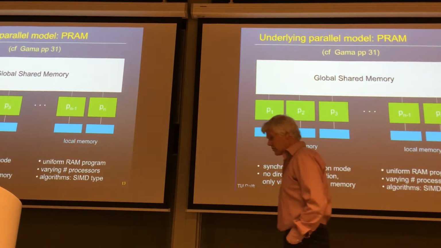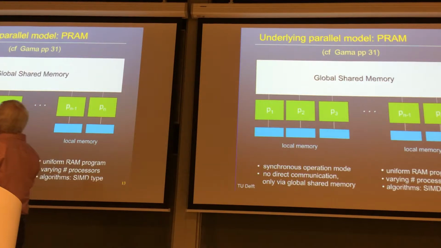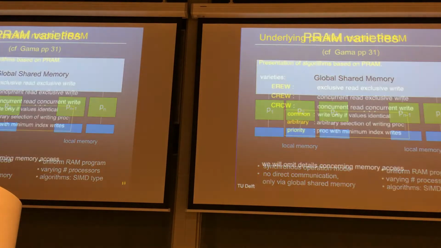There is no direct communication between the processors, only via this global shared memory, and we can distinguish several modes for accessing this global shared memory. So this is the global PRAM model that we will use to develop our parallel algorithms.